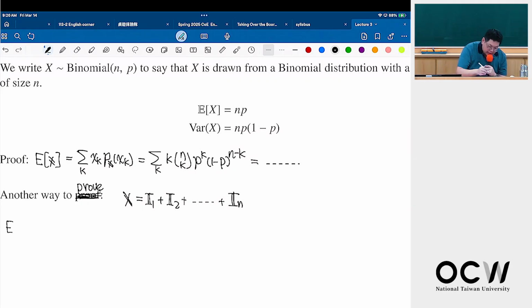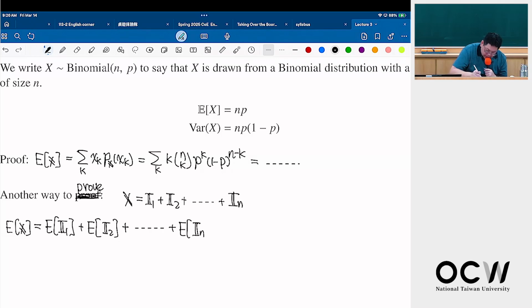Each of these is Bernoulli, and X is binomial. Then how about the expectation of X? On the right-hand side, there will be the expectation of the first Bernoulli random variable, and then the second, and so on, to the expectation of the nth Bernoulli random variable.